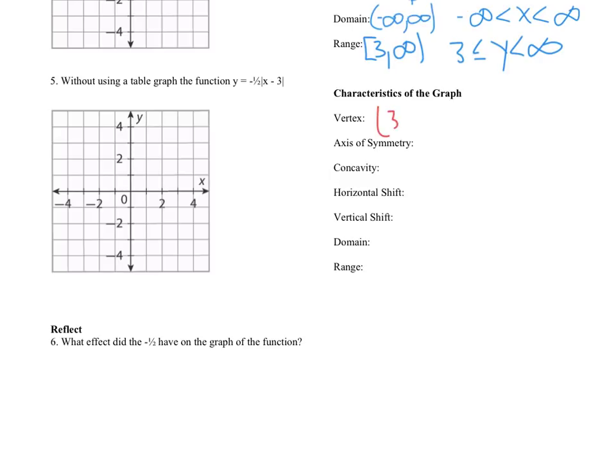So it's going to be a positive 3, and then outside of it, you see that there's nothing here, so that is 0. Our axis of symmetry is x equals 3. So let me plot (3, 0). Now concavity, as you look here, we have a negative, so that means we're going to be concave down.